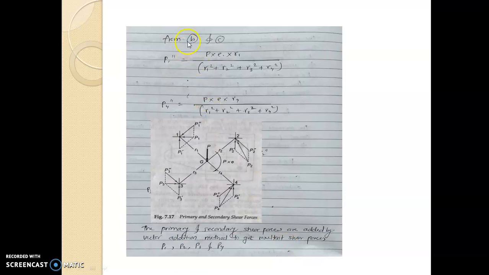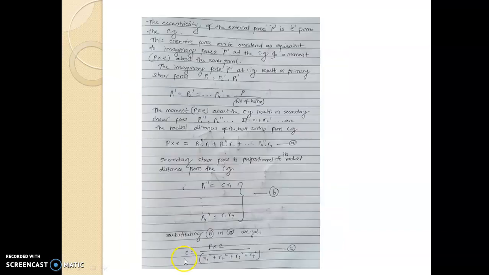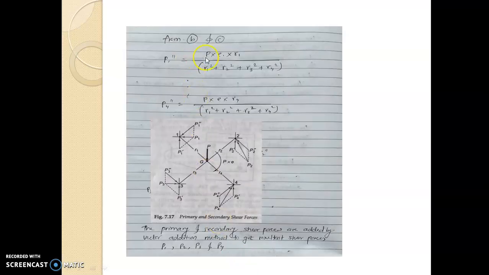Now from equation B and C, P1 double dash will be equal to C into R1. Now we know the value of C, and C into R1 will be the value of P1 double dash. P1 double dash is equal to P into E into R1 upon R1 square plus R2 square plus R3 square plus R4 square.